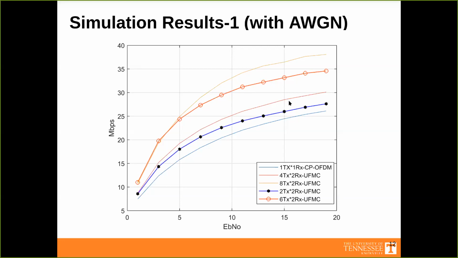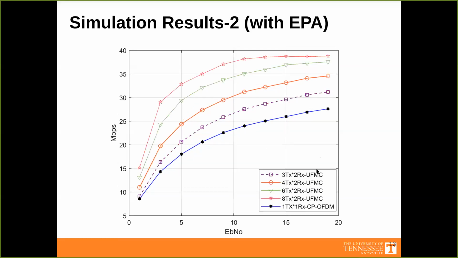And we can see that the more MIMO we have, for example here in the 8x2 using the UFMC, we will have better and superior throughput compared with the smaller MIMO structures, and this is thanks to the UFMC and the beamforming combined.